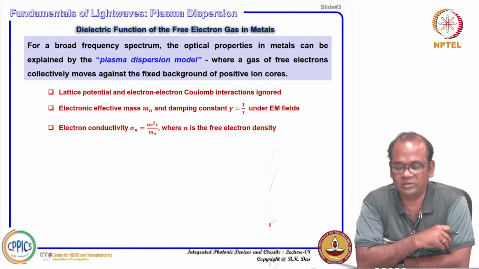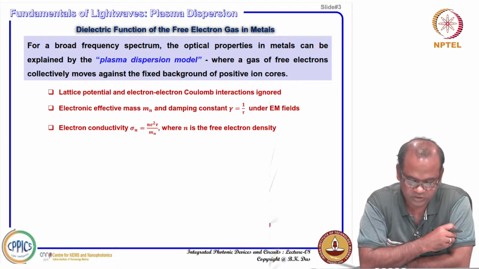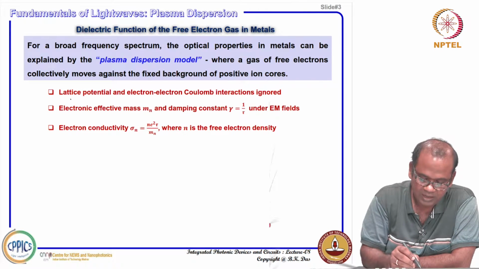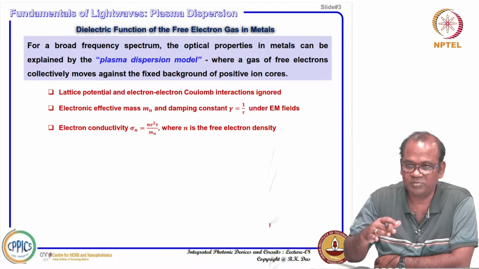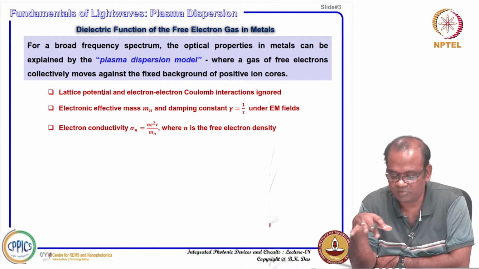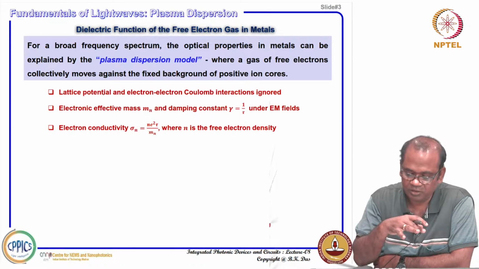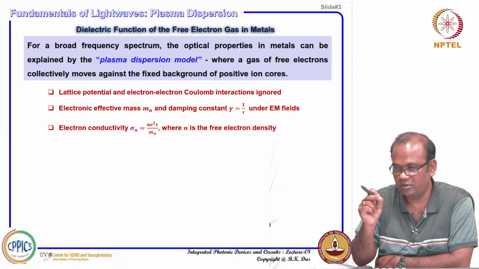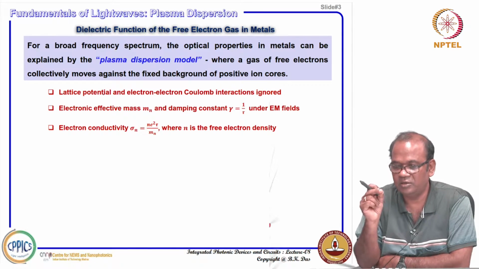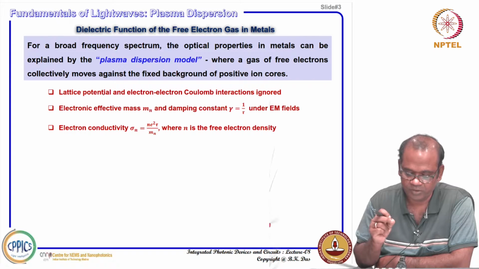So, there are three interesting points you should note. First, the lattice potential. Any crystal, whether it is metal or semiconductor, crystalline or amorphous structure, has some points where there will be heavy core ions and surrounding electrons that are relatively free.